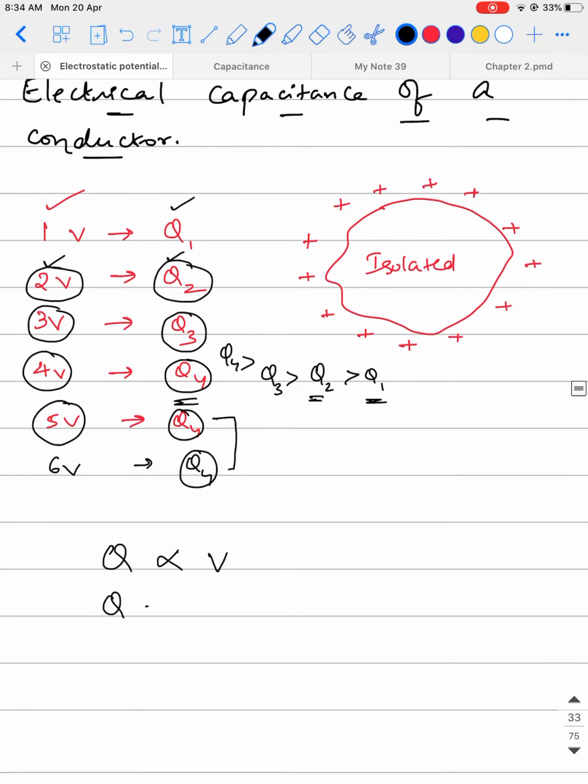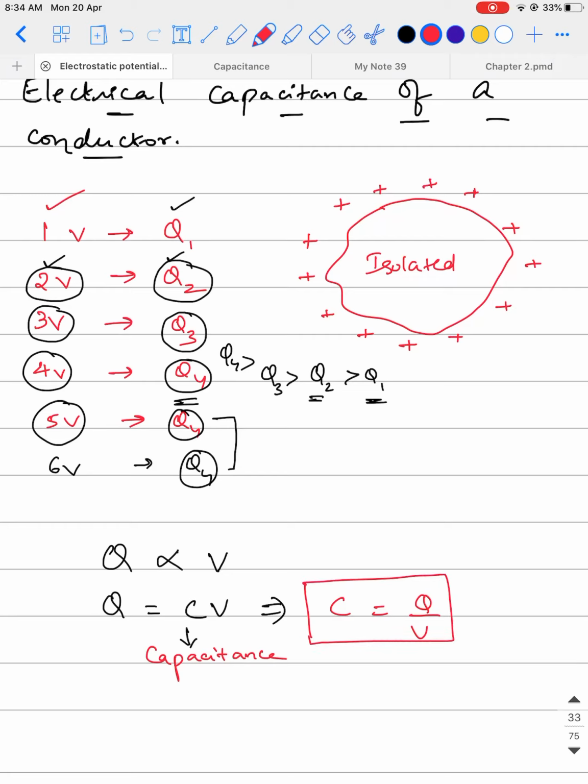I'm not using the words potential difference, I'm using the word potential. Now when you remove the proportionality symbol, the constant introduced is C. So Q is defined as C into V, where C is called the electrical capacitance of a conductor. From this, C is defined as Q by V. This is where the definitions start.